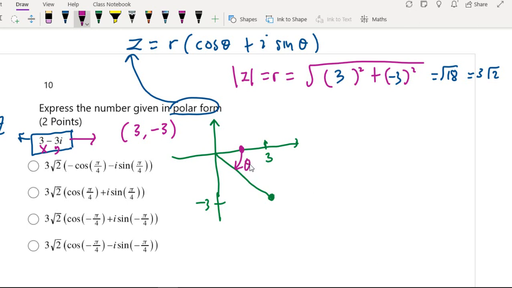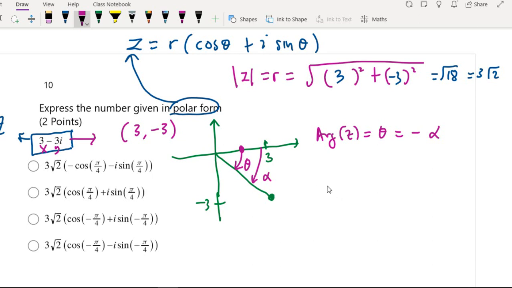This is theta, and this one is also alpha. The argument of z, or theta, is equal to negative alpha. Why? Because z lies in the fourth quadrant, so for theta we should get a negative answer.